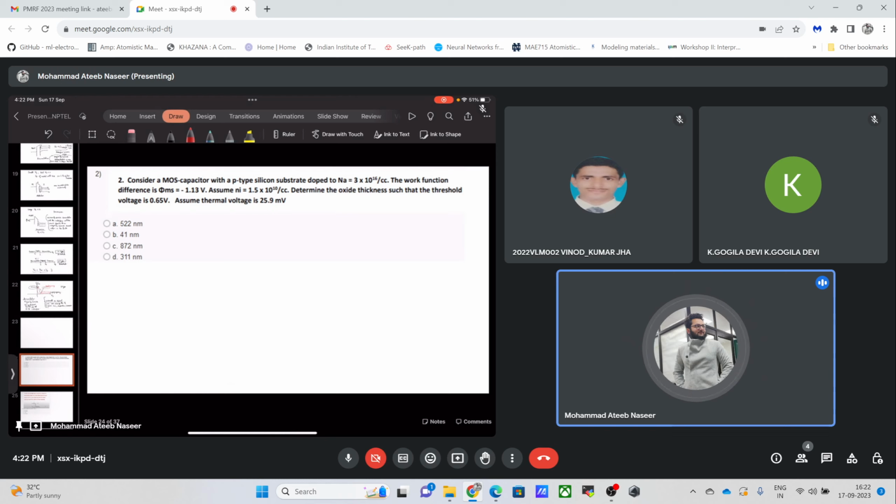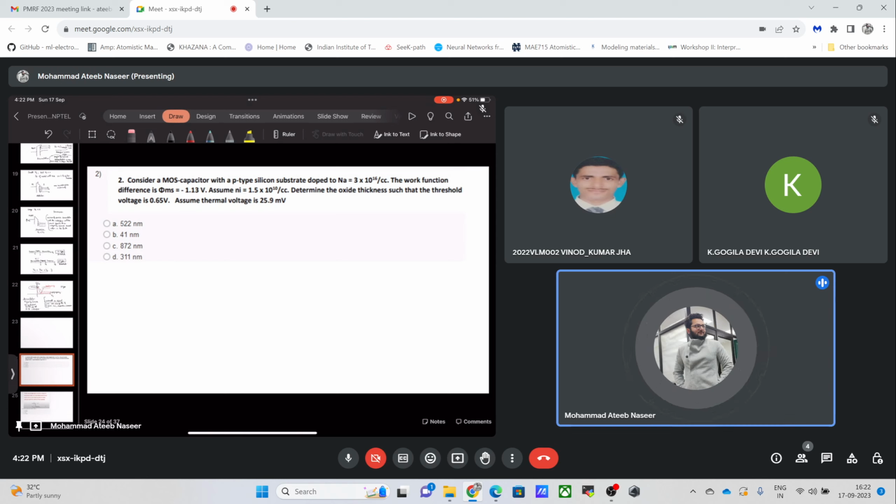Since the MOSCAP is the heart of semiconductor device physics, we spent a bit of time on understanding how the charges pile up, or how the charges are building at the metal oxide semiconductor interface. So now from that we will try to infer some mathematical results that are related to the physical aspects of the oxide semiconductor interface.